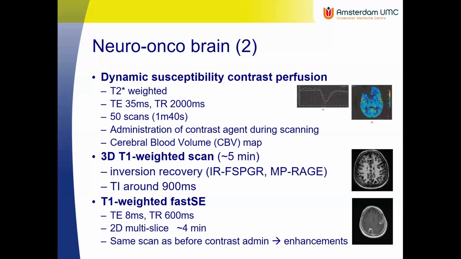And then you repeat that scan which we did earlier, the T1 weighted fast spin echo. So you have one reference without the contrast agent and one with. You could do image subtraction if you like, and then only the areas which have changed in signal intensity, which have absorbed the contrast agent, will show up. So it shows you the signal enhancement due to the presence of the contrast agent.